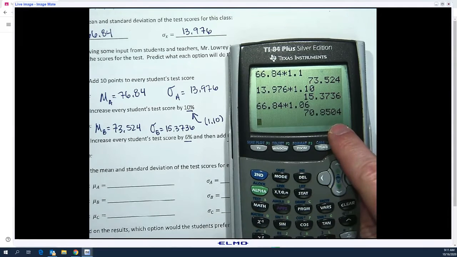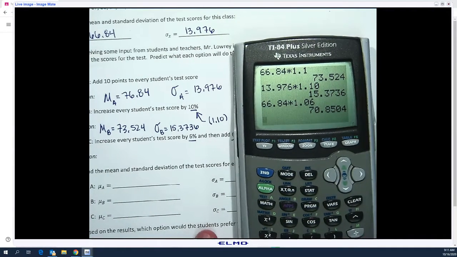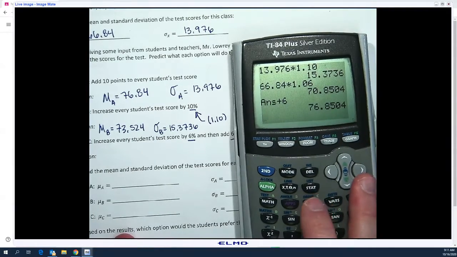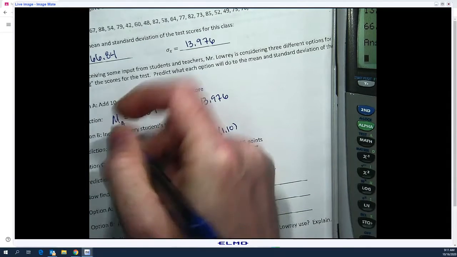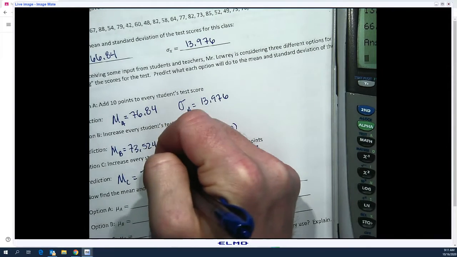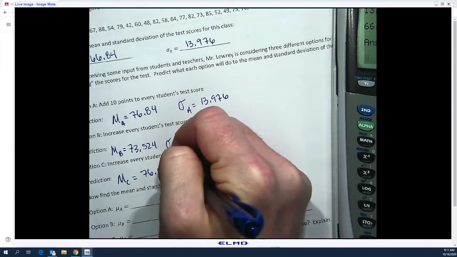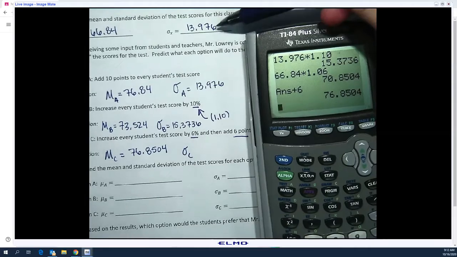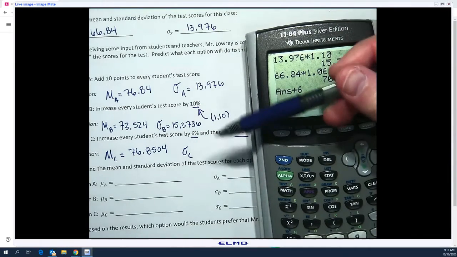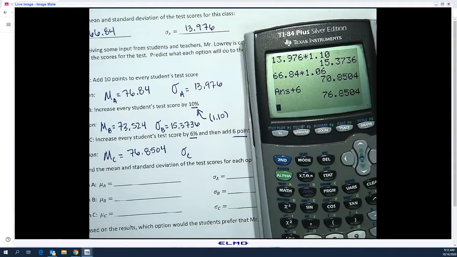That'd be 70.8504. And then we're going to add 6 points. So that'd be 76.8504. A lot of fun numbers today. And then sigma of C, again, the standard deviation would only be affected by the multiplication, that 6% increase.